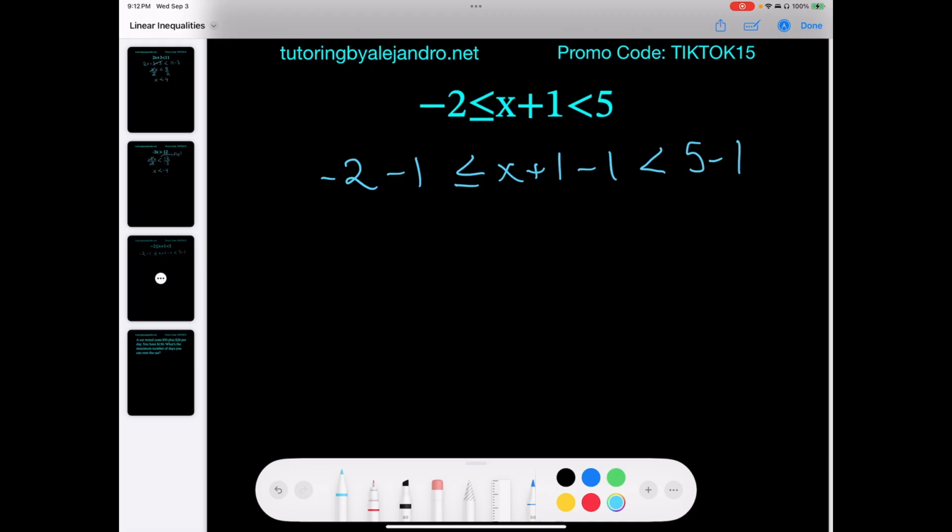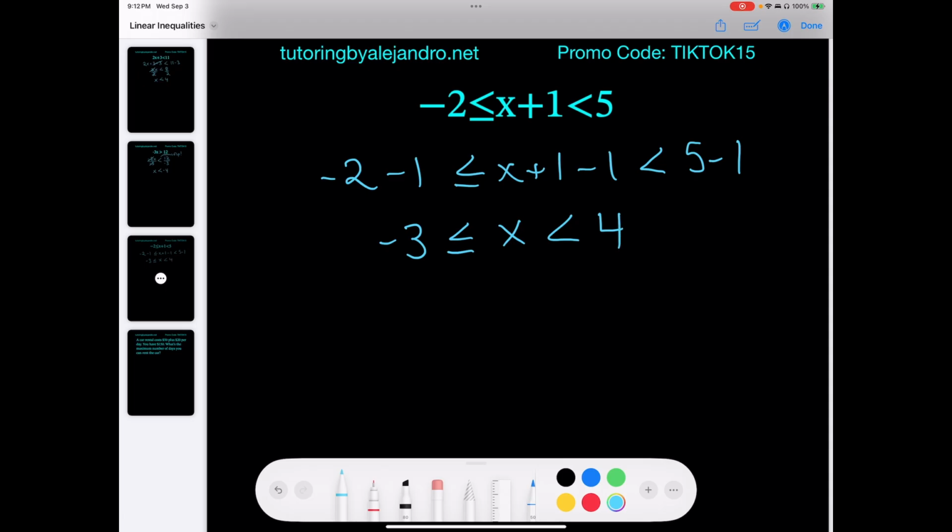So on the very left, we have negative 2 minus 1, which gives us negative 3. Then we have less than or equal to. The ones cancel out, right? Which gives us x. And then we have less than 5 minus 1 equals 4. Okay?